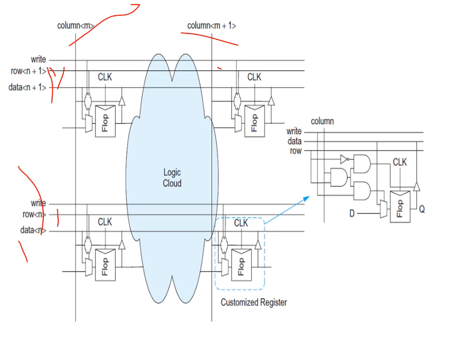A global write signal is connected to all the registers. Here we can perform read as well as write operations by asserting the row and column access lines along with the write signal.